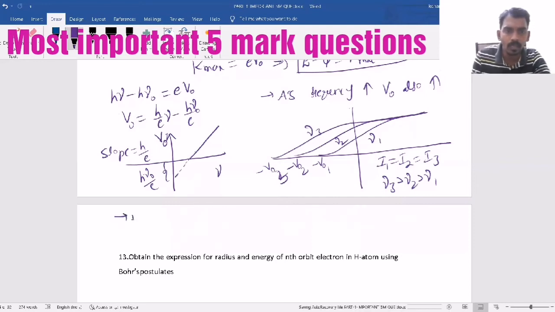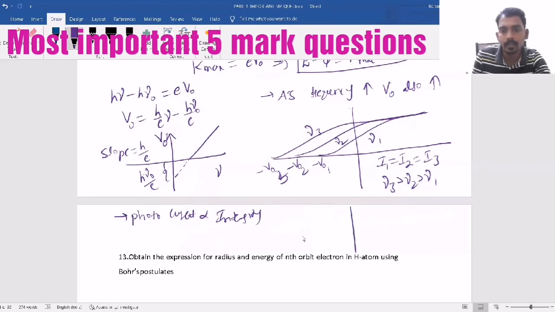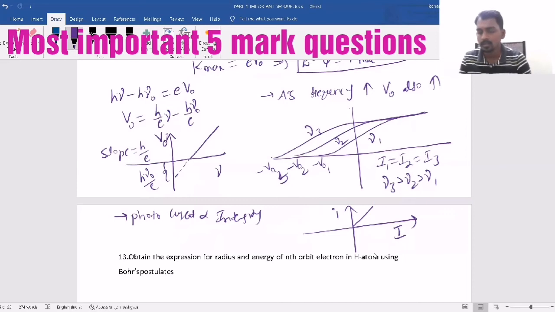Also they observed that photocurrent is directly proportional to intensity. That means when you take a simple graph between photocurrent and intensity, it is a straight line passing through the origin. So this is the current and this is the intensity.